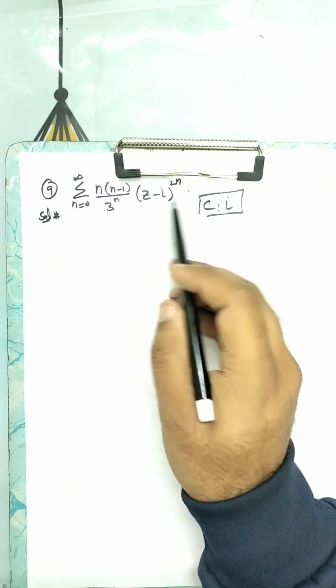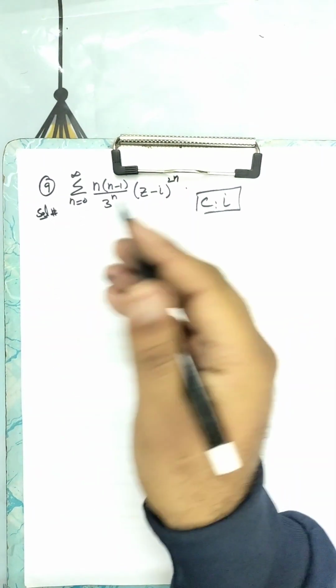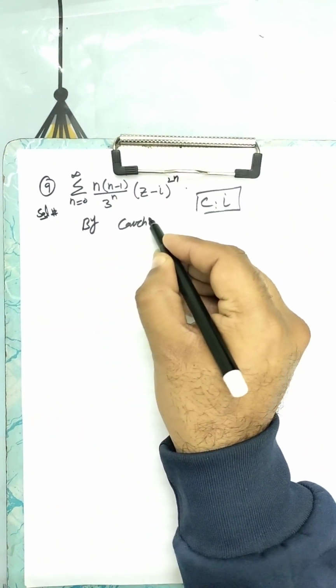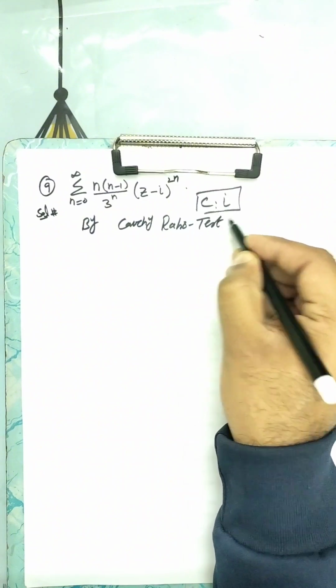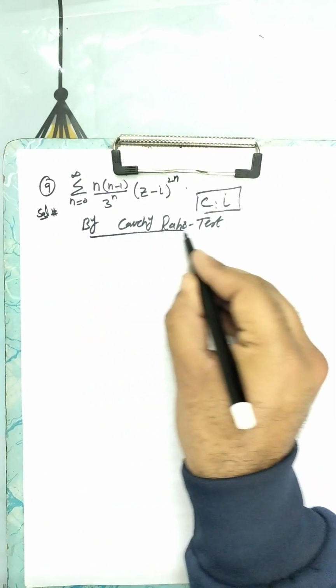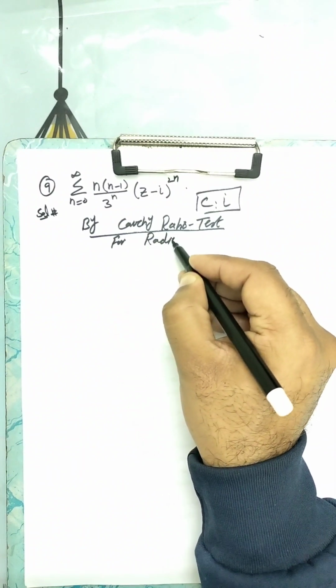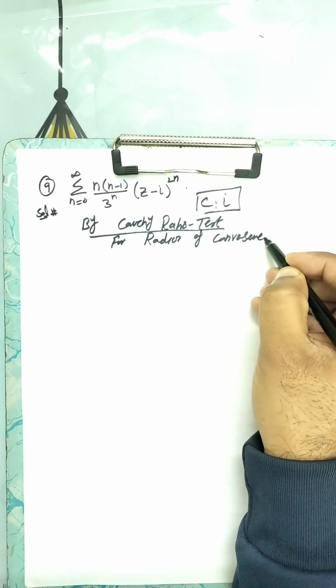If z plus iota, then the center is minus iota. Now we again use the Cauchy ratio test. We want to find the radius of convergence of the given power series.